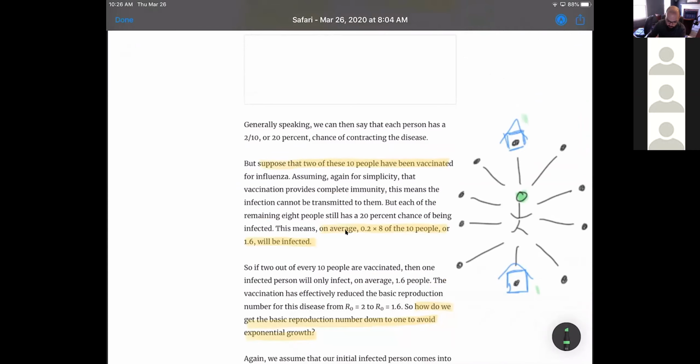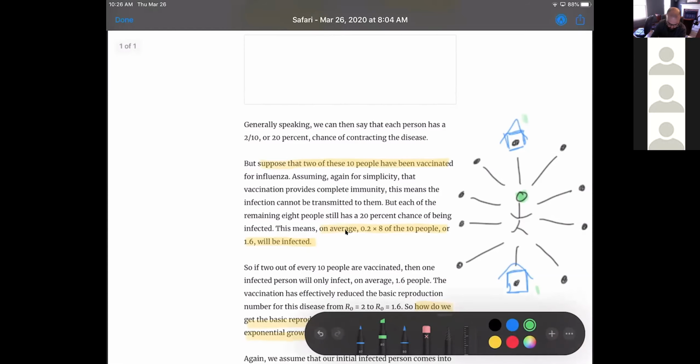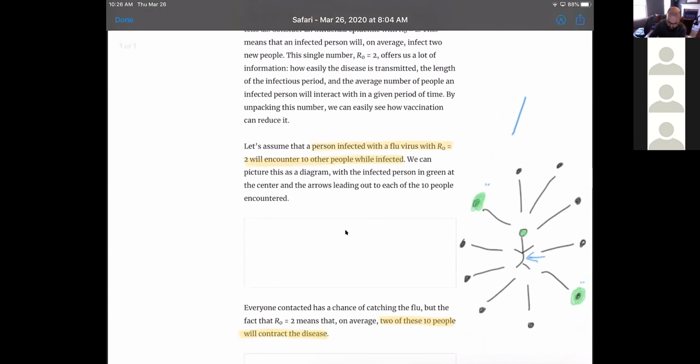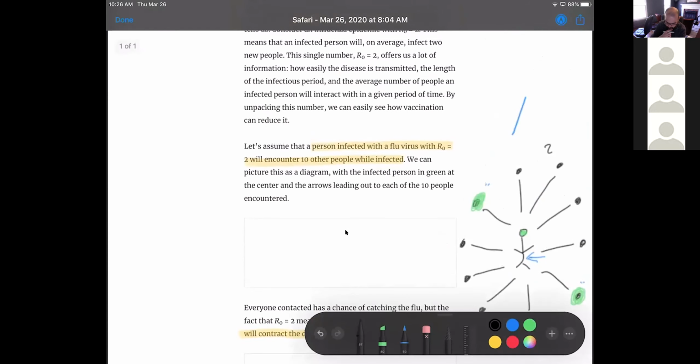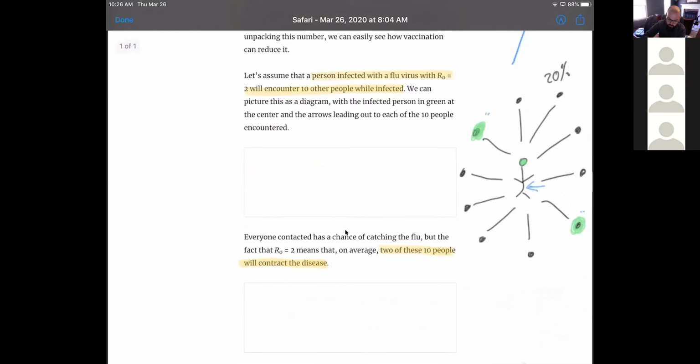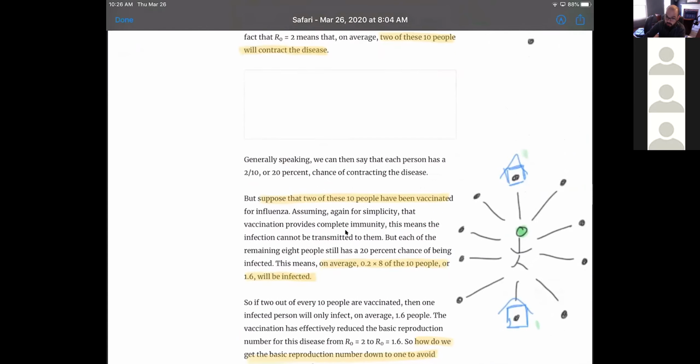So if we thought about it before, with all 10 people, everybody had about a 20% chance of being infected. There's 10 people, 2 infections, everybody has about a 20% chance. We know the virus is the same, so it has the same R naught.